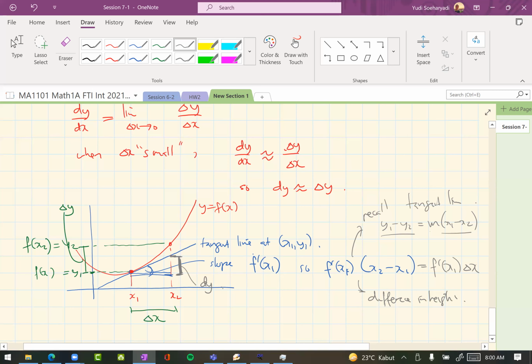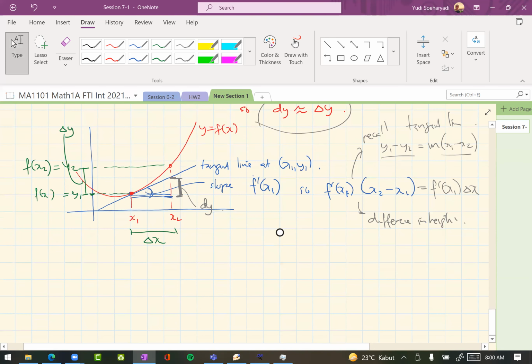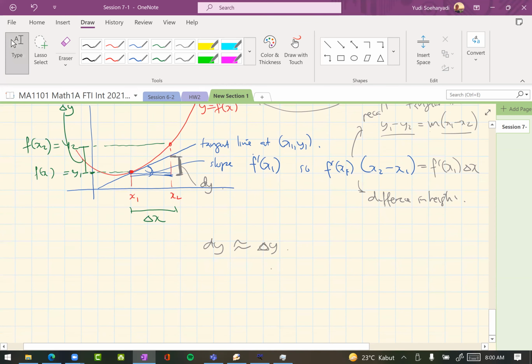So when you make this approximation, you're comparing dy, the differential, to delta y, the real difference.